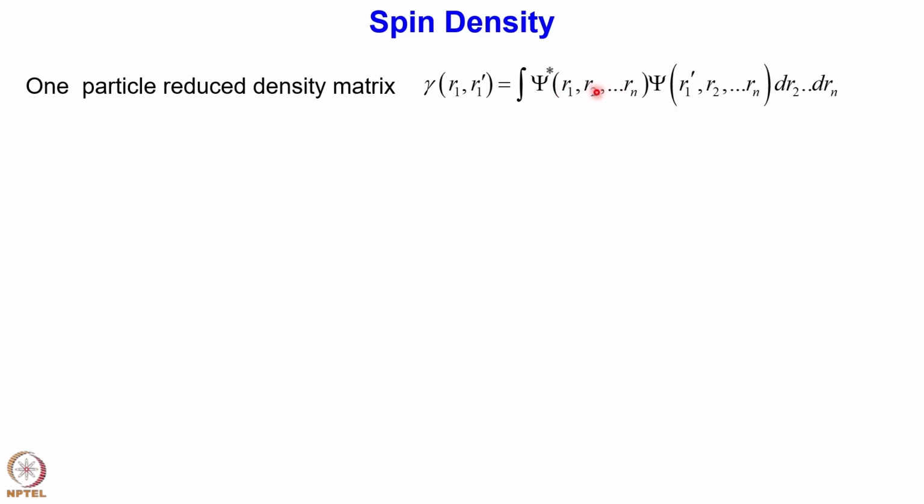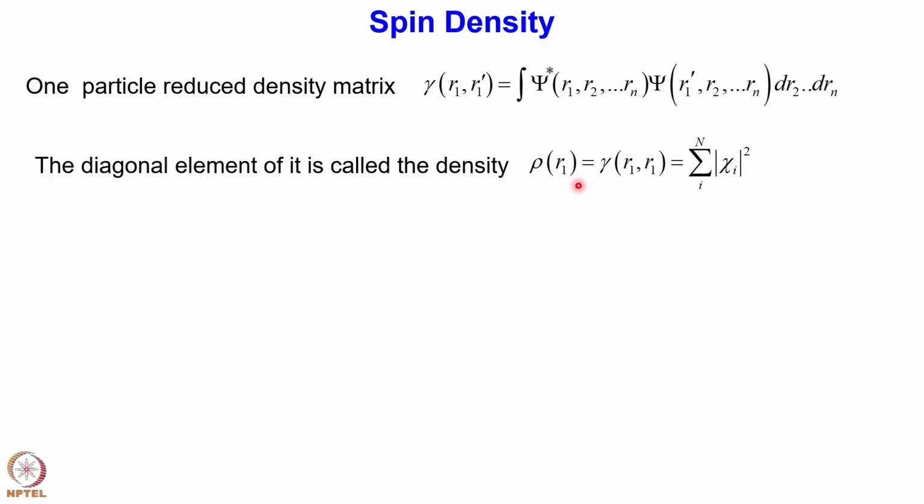Now, if I multiply this wave function and I integrate over every other coordinate except the first one, that leads to the one particle reduced density matrix, and that is denoted by gamma. If I take the diagonal element of this gamma, so if I put R1 dash equal to R, that is called the density, and the density can also be represented by summing over the orbitals like this.